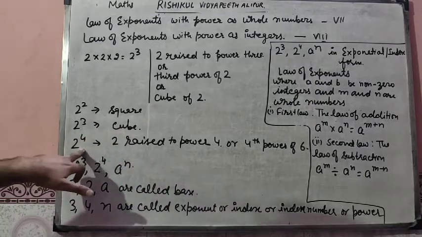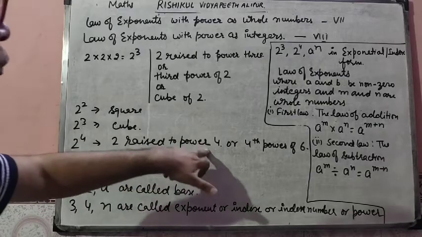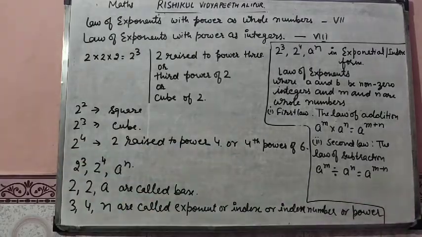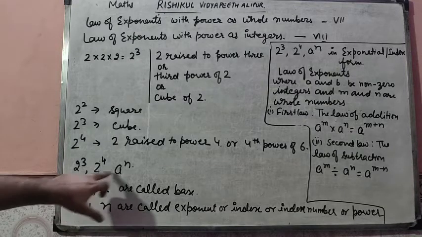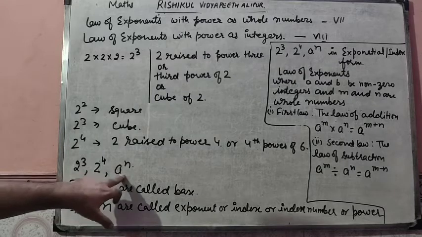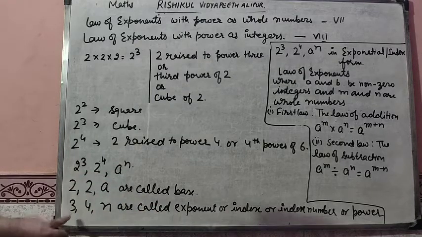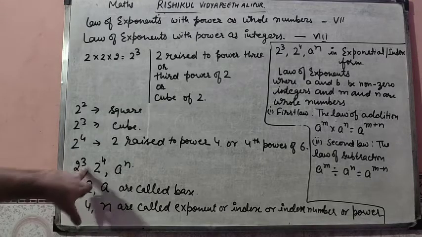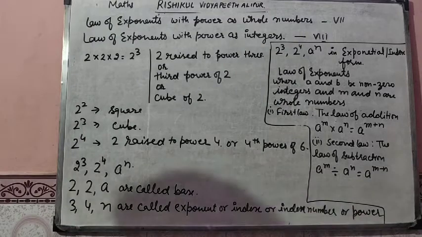And 2 raised to power 4 is called the fourth power of 2. Here, a is called the base, and the power is called the exponent or index.